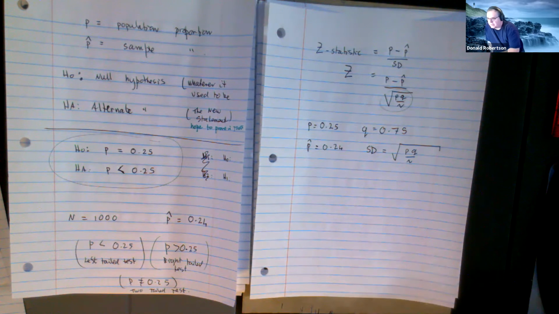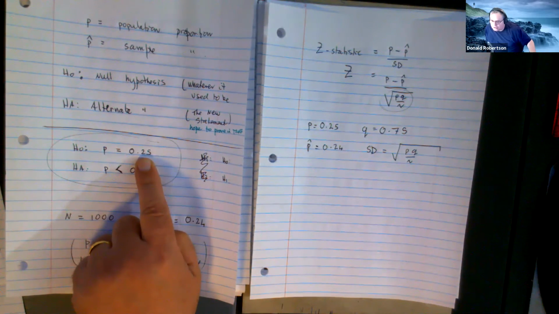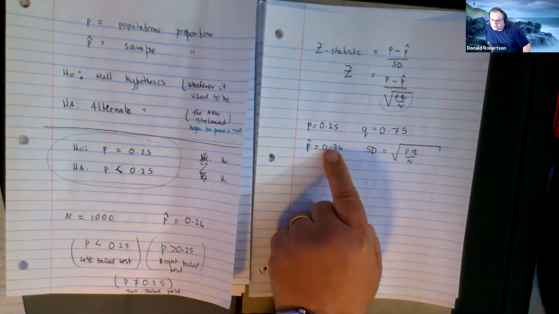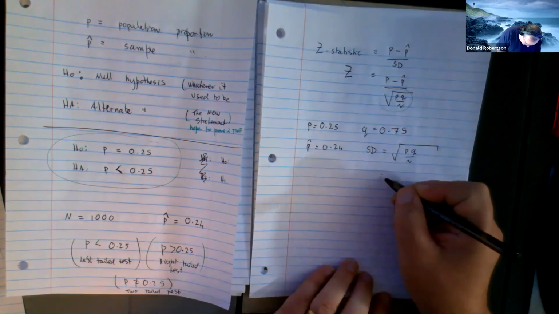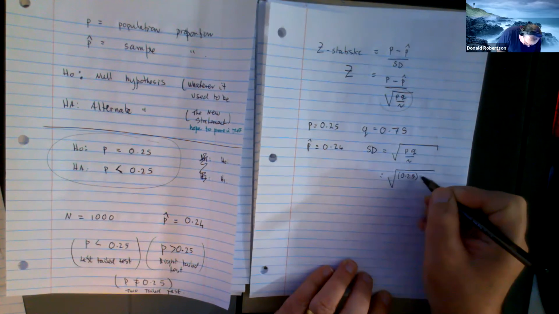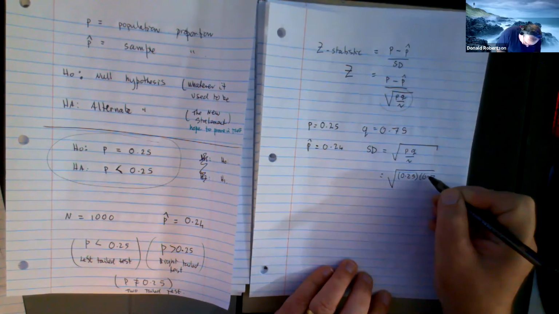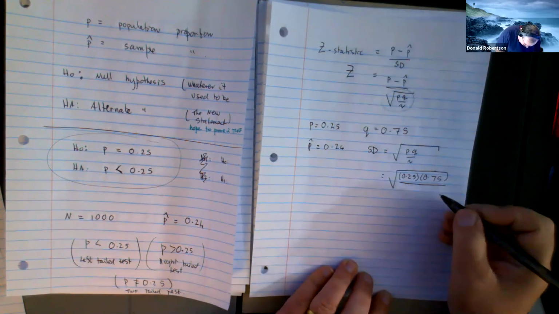Remember, confidence is P hat, Q hat over N. Have you noticed that it's the P value, this number here that you use, not the 0.24, but in this case, the 0.25. So it's going to be 0.25 times 0.75 divided by a sample size, which is 1,000.